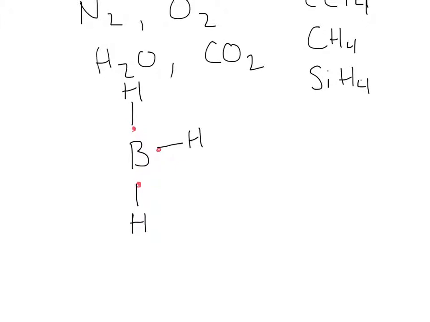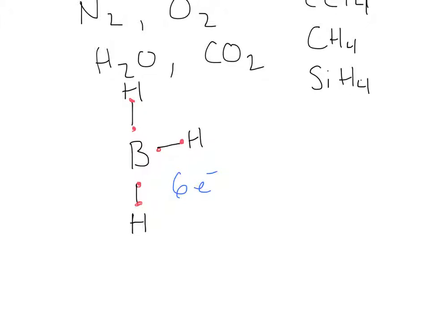Because it can only make 3 bonds with hydrogen, it only has access to 6 electrons. So this is a very stable compound, but it doesn't quite have the 8 electrons. It's not isoelectronic with a noble gas.